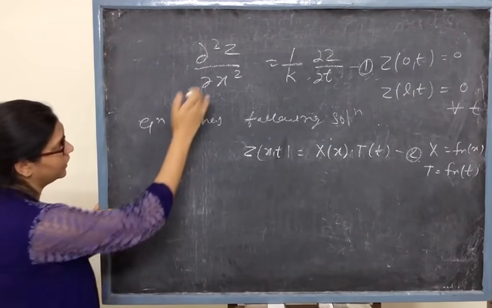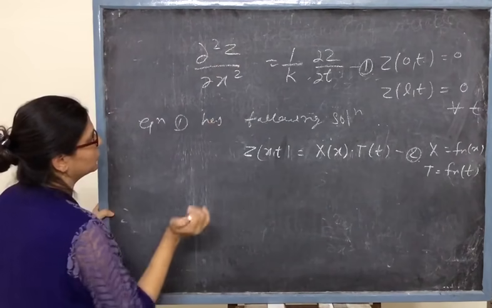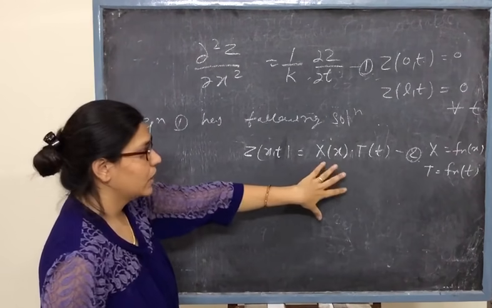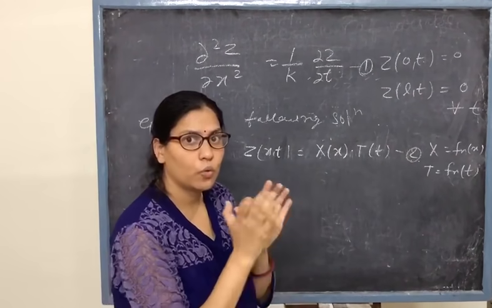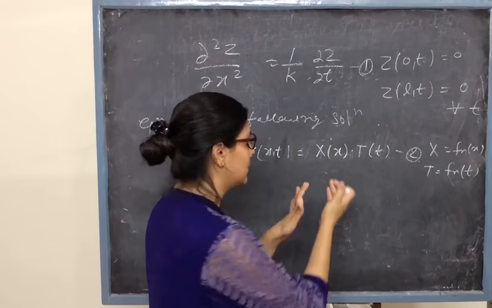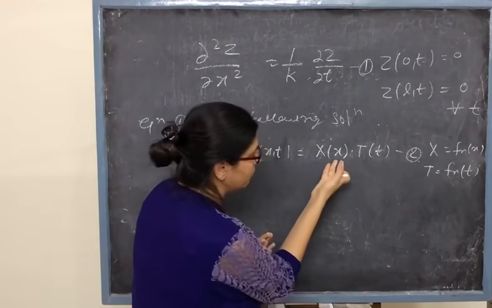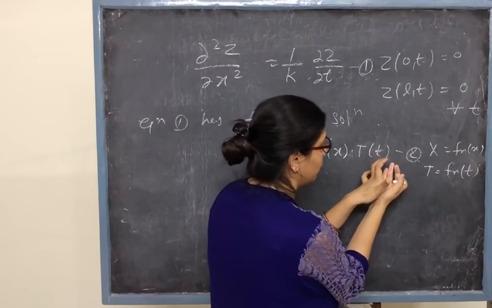First of all, del 2z over del x square. The function z of x, t is defined as the multiplication of two functions, where X is a function of x only and T is a function of t only.